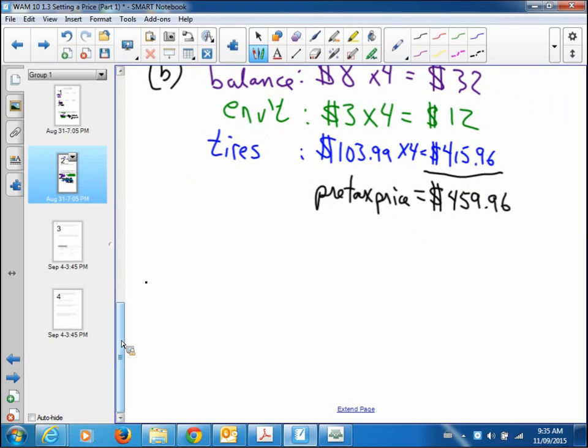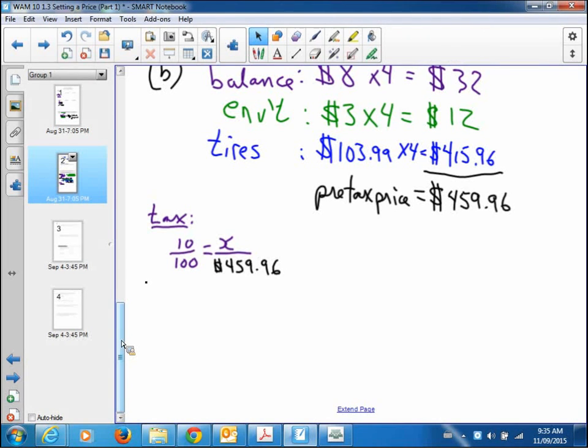The tax is 10%, so 10 out of 100, and X out of our pre-tax price, $459.96. Cross multiply, divide by the loner. You get a tax amount of $46.